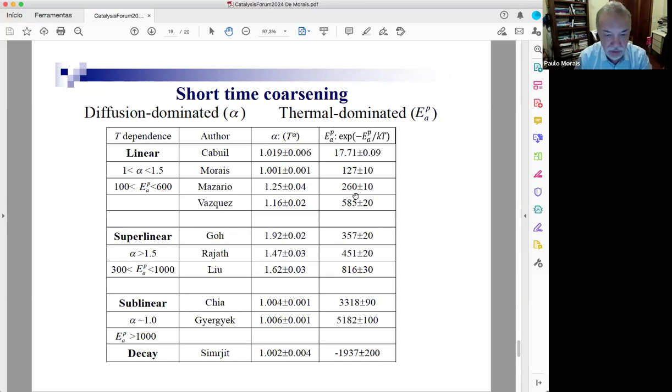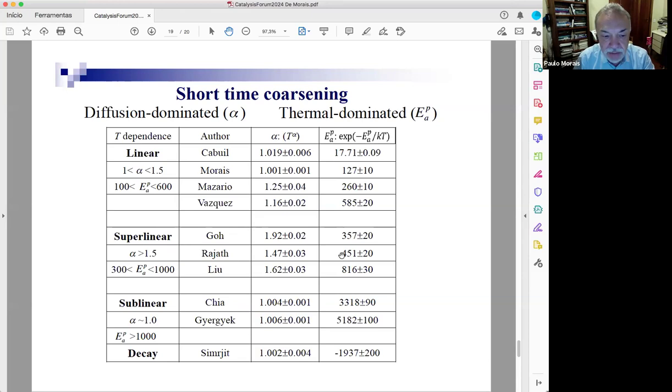Okay. So if you go to superlinear, like these three data sets here, we can understand that alpha is over 1.5, actually, or nearly 1.5. So all these three data sets show, in the fitting process, alpha nearly above 1.5 and of course below 2.